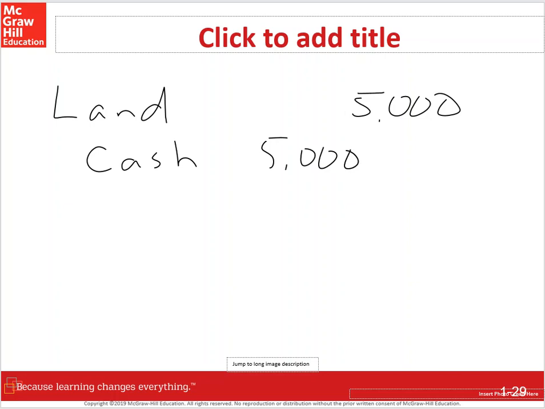So on the first line and to the left, I have land, which implies that it's a debit because it's first and it's aligned to the left, right? If this is my edge. But then I put the dollar amount in what appears to be the right side. So this is probably debit and credit. So I've put my 5,000 on the first line over to the right.